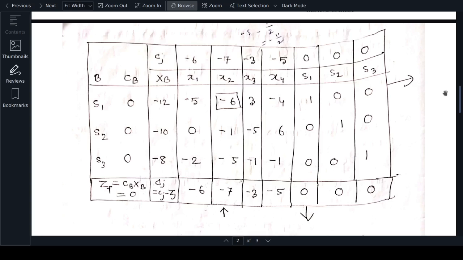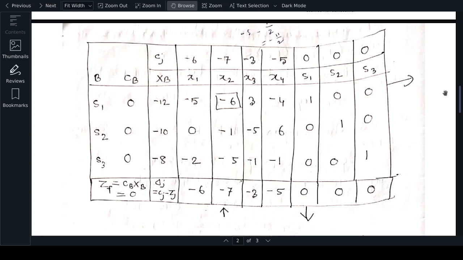Which key row elements do we consider? Those that are negative. Here you see, the first delta J value is -6. So -6 by the corresponding element of the key row, -5. Minus minus cancel out. So 6 by 5, which is 1 point something, right?